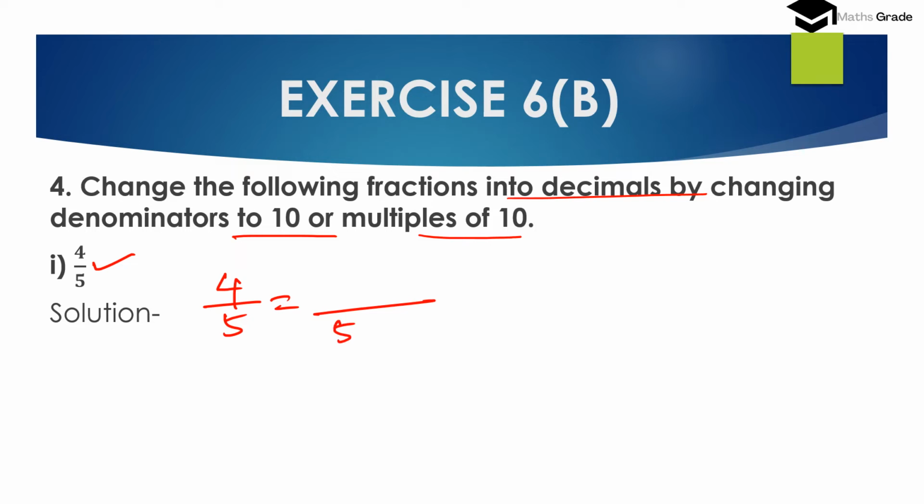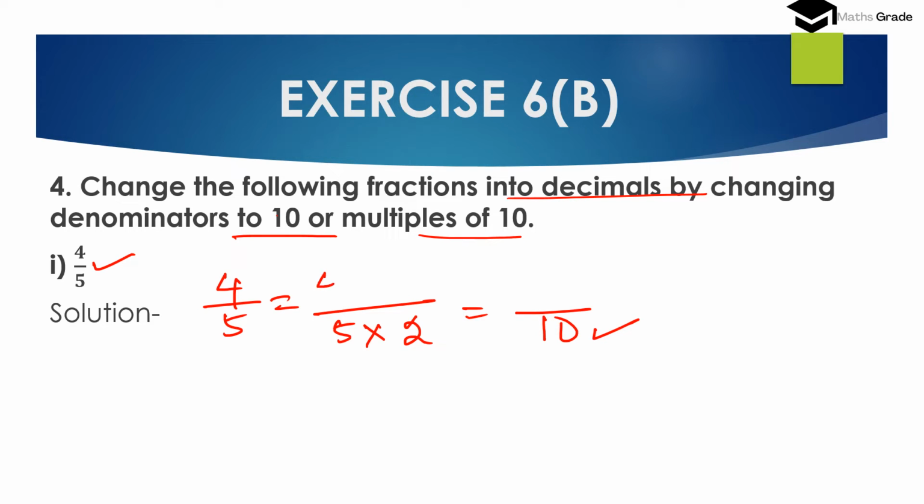Now in the denominator 5, if we multiply 5 with 2, we will get 10. 10 is the multiple of 10. So now 5 multiplied with 2 is 10.